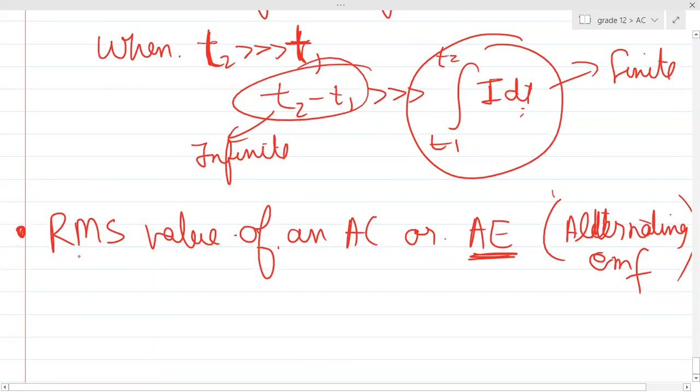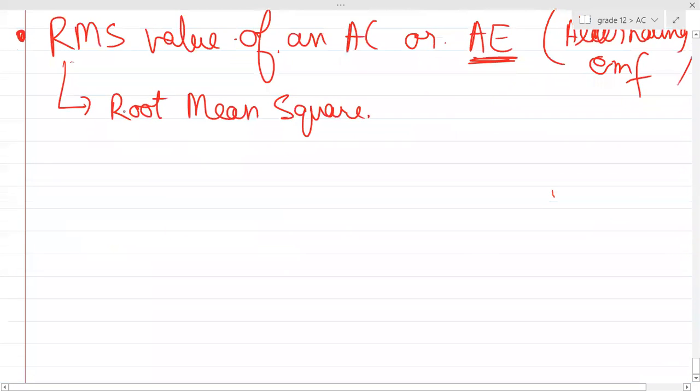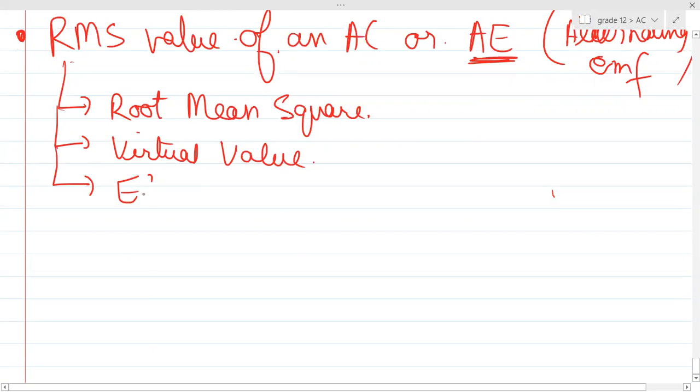So, RMS value. What does RMS value mean? RMS means root mean square value. It is also called the virtual value, or it is also called the effective value. So it has many names. Is it clear?